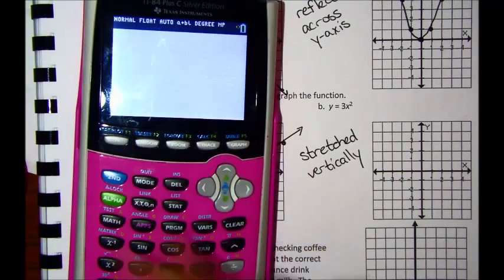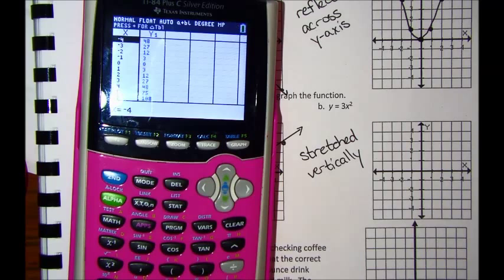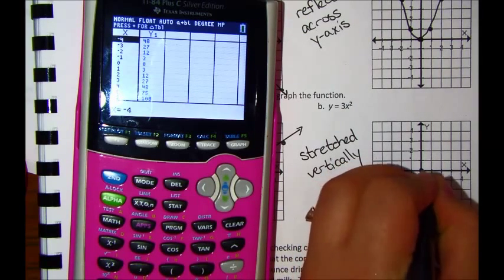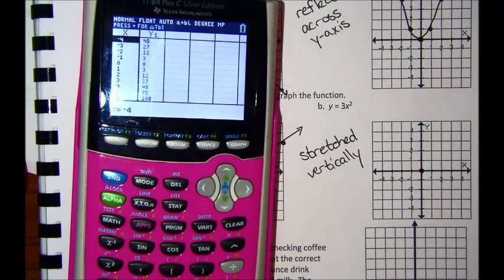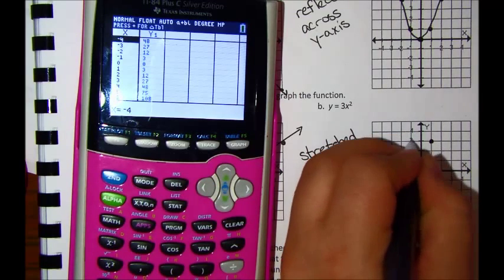So go to y equals, clear out what you got, type your equation in, go to your table. What is h and k? 0. What are some other points on there? 1, 3, and that means negative 1, 3 is also in there.